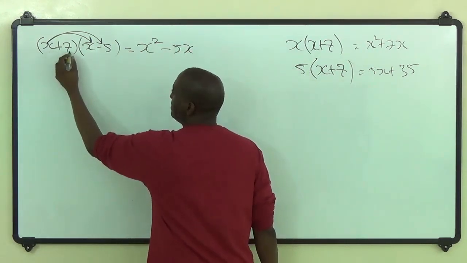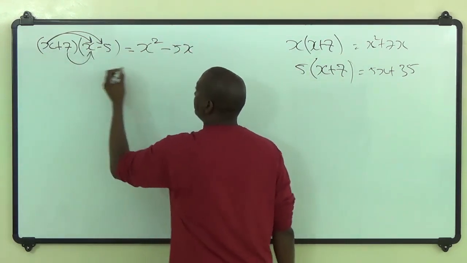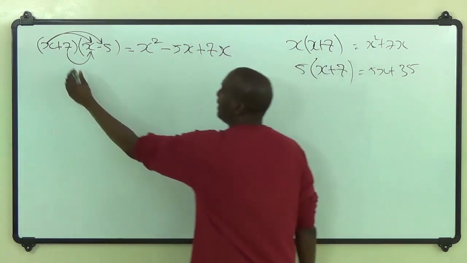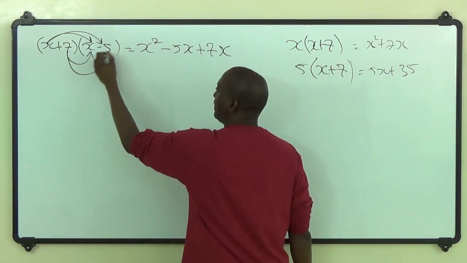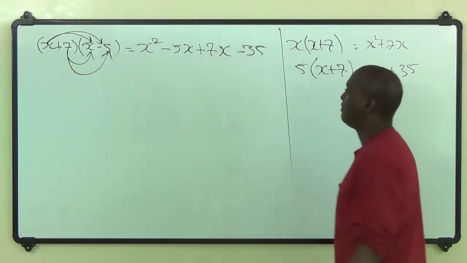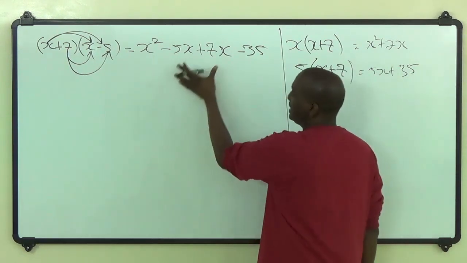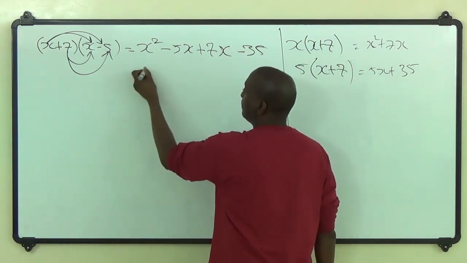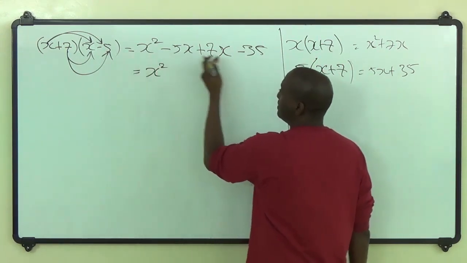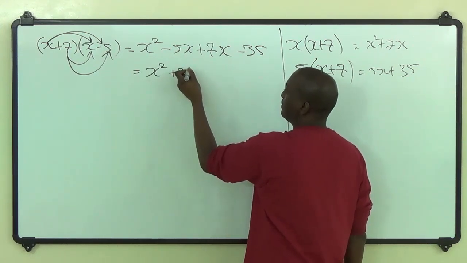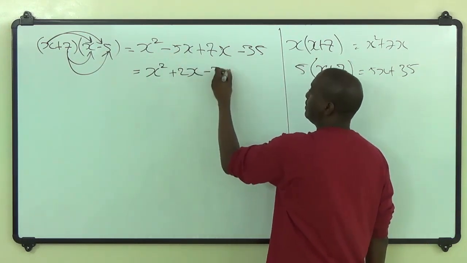You take the 7 and multiply it by x, and get plus 7x, and you take the 7 and multiply it by minus 5 and you get minus 35. Of course, you add the like terms together, so you'll get now x squared, minus 5 plus 7 is plus 2x, minus 35.